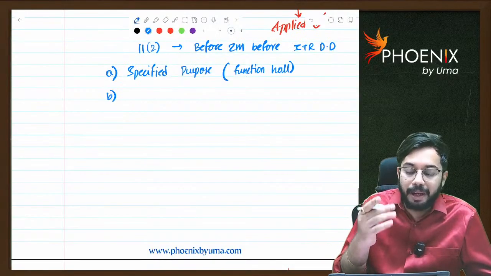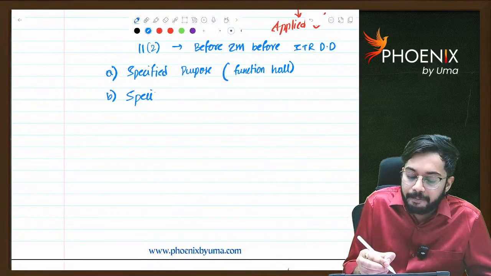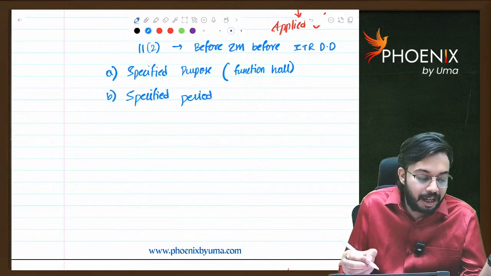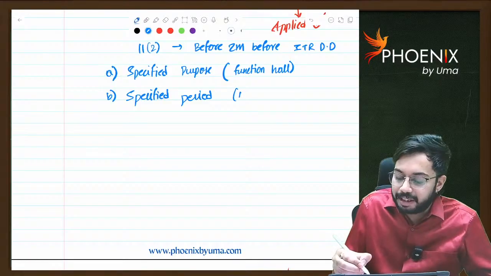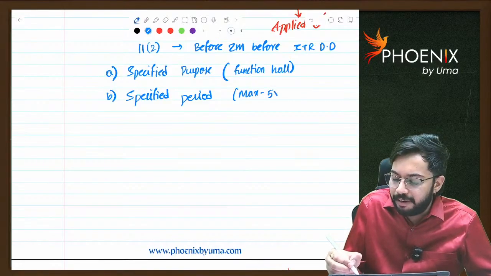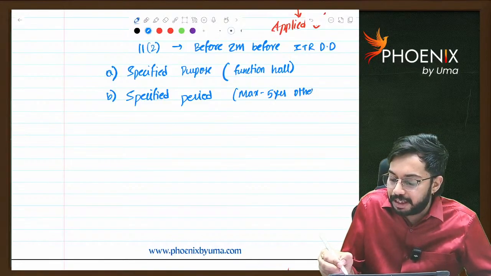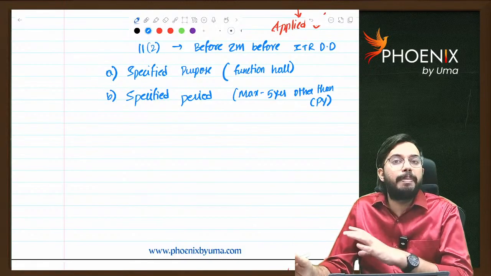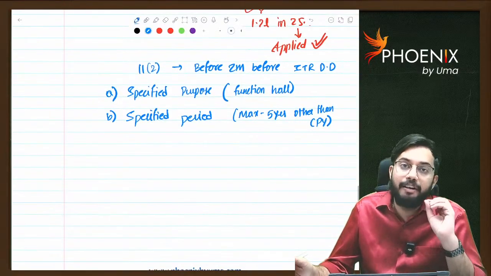So every year I will accumulate, and I will tell the specified period. I can tell a period of 2 years, 3 years, 4 years, like that. Maximum I can tell is 5 years. The maximum period allowed is 5 years other than the current previous year.